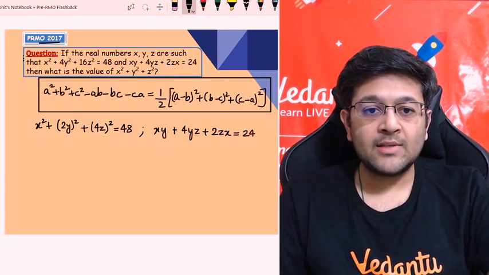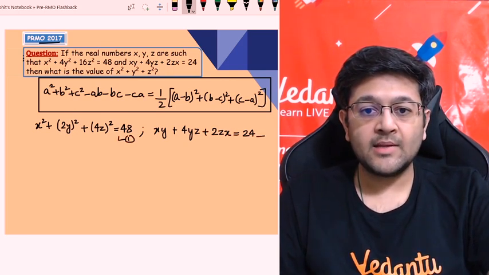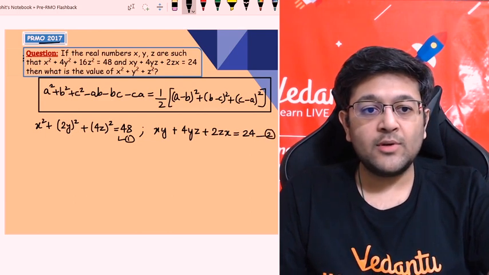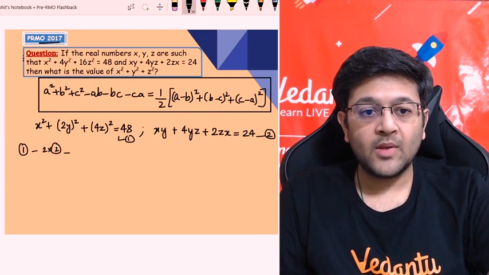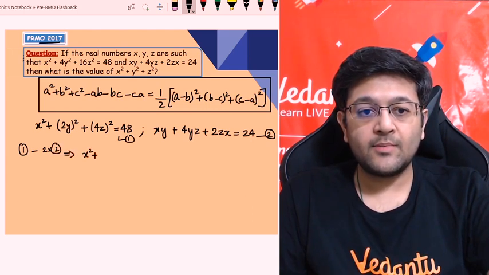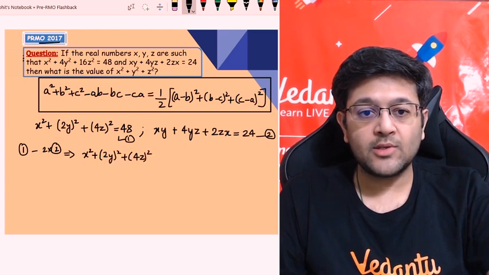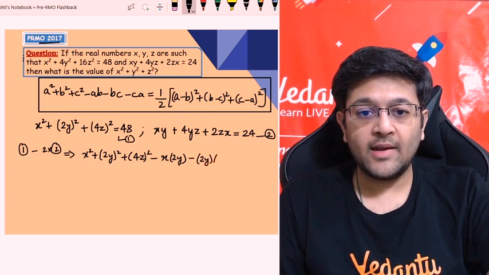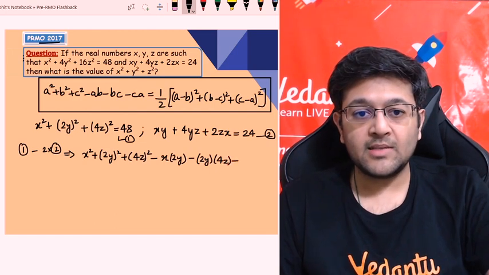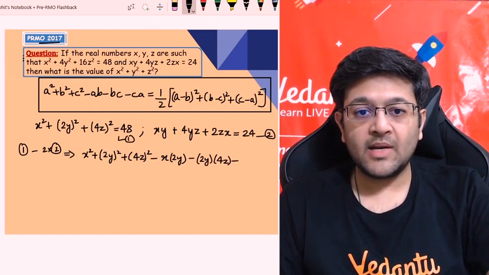So what I want you to do is, let's say this is the first equation and this is the second equation. What we'll do is equation 1 minus 2 times equation 2. Okay, what will it give us? x square plus 2y whole square plus 4z whole square minus x into 2y, because we multiplied it by 2, minus it will become 8 times, so I'll write it as 2y into 4z, minus this will become 4 times, right?